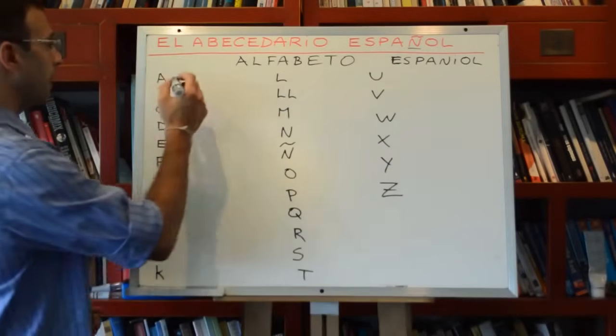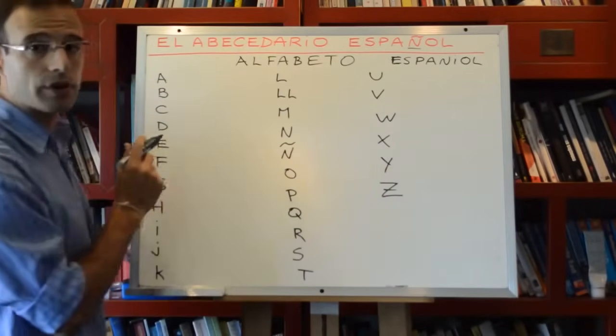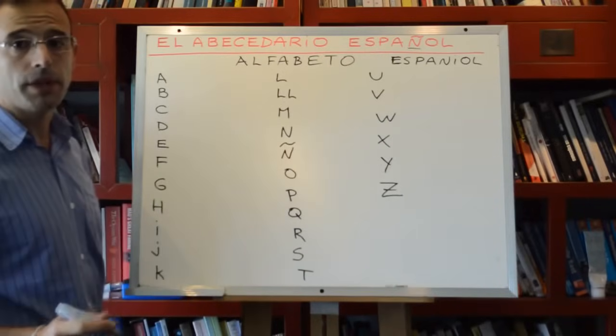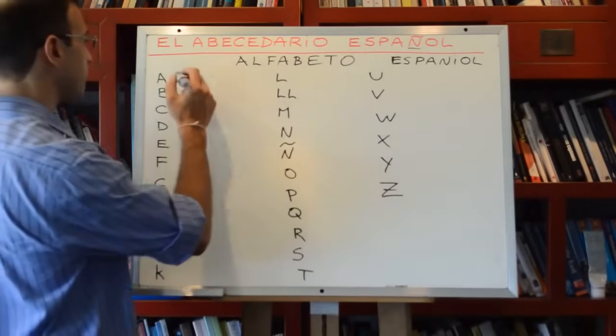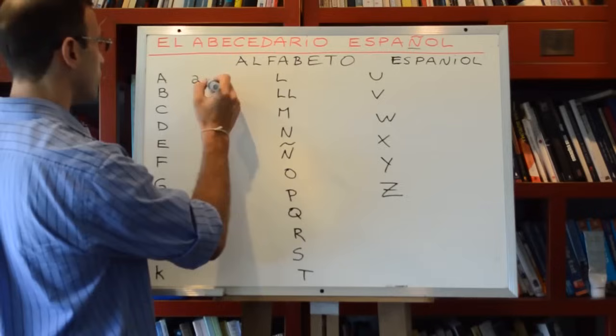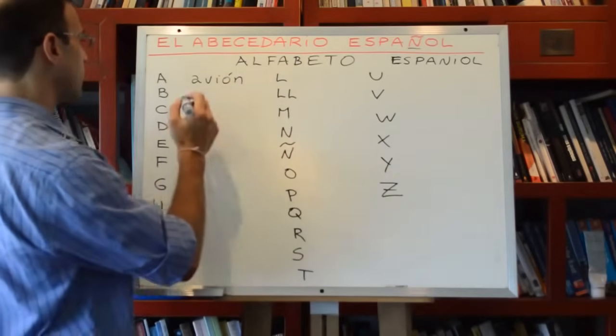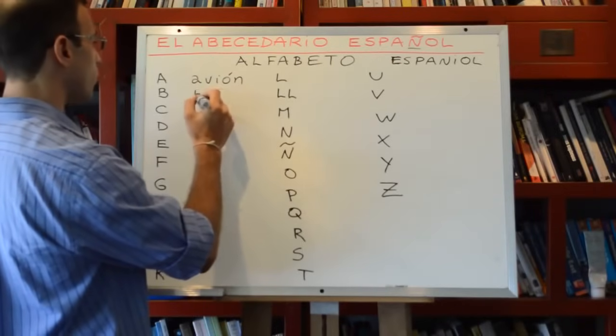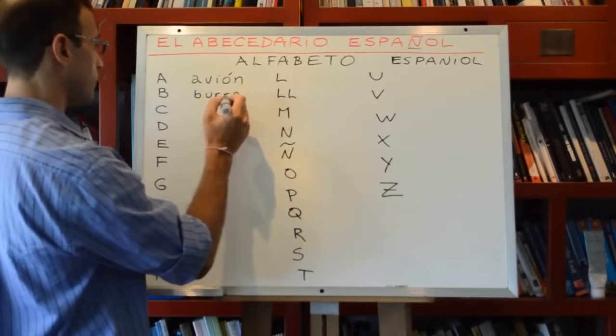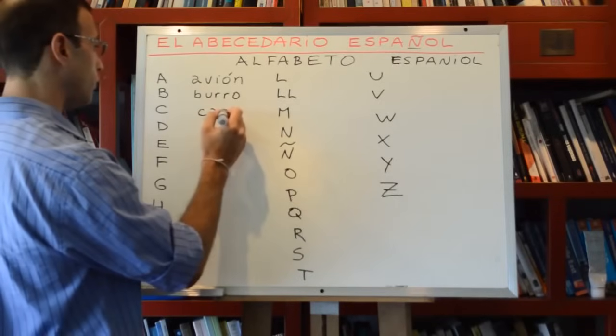Now, words with A. Palabras con A means words with A. Avión, which is airplane. Burro, for donkey. Casa, for house.